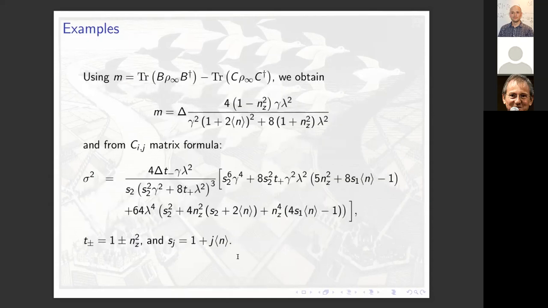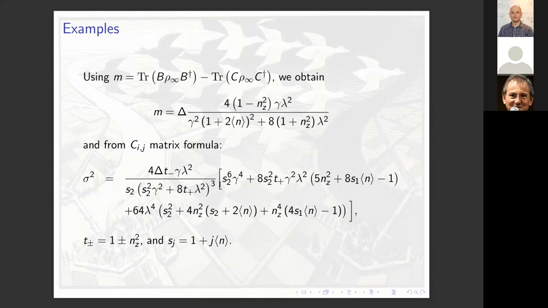So taking that example and using our formulas, our theoretical expressions, we can calculate what is the M. After doing some mathematical crunching, you can find this expression here for the M. Again, after doing some mathematical crunching, you can find this complicated looking expression for the variance.